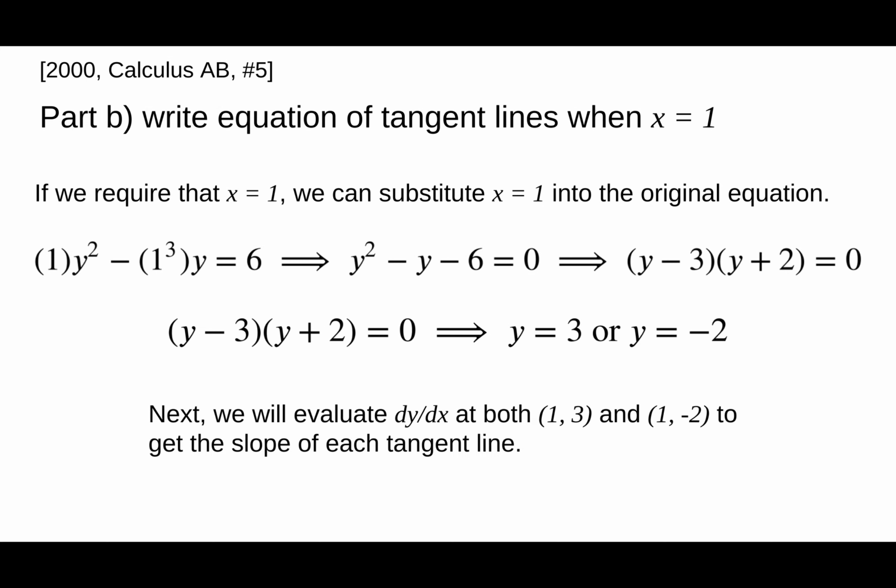What that tells us is we need to evaluate dy/dx at two different points, (1, 3) and (1, negative 2), since both of these points are on the graph when x is equal to 1. So there are 2 points we have to evaluate the slope of the tangent line at, so we will do both.